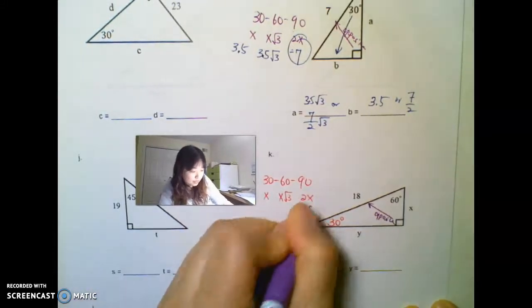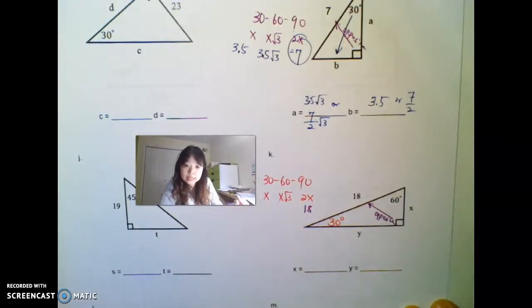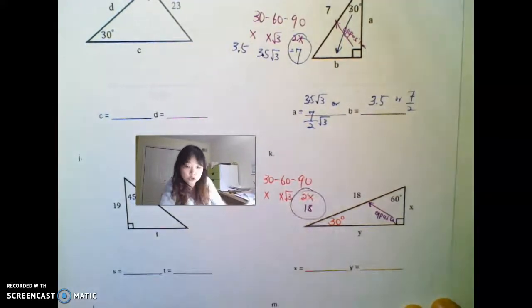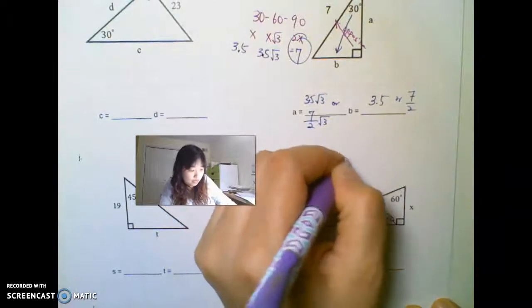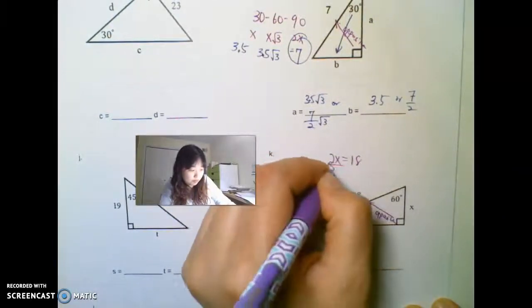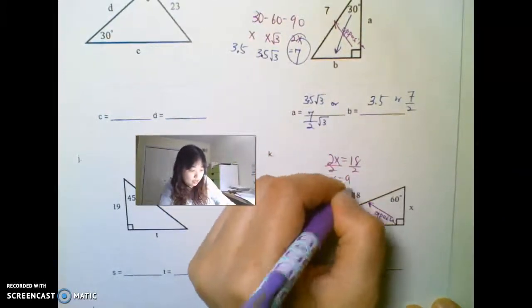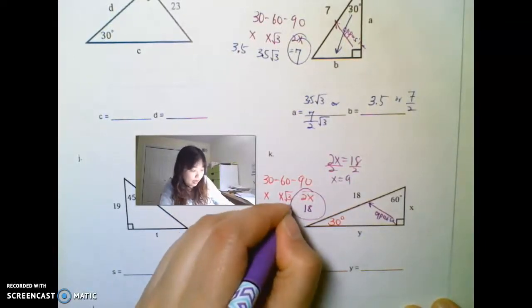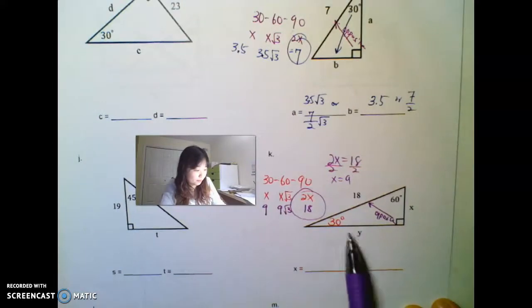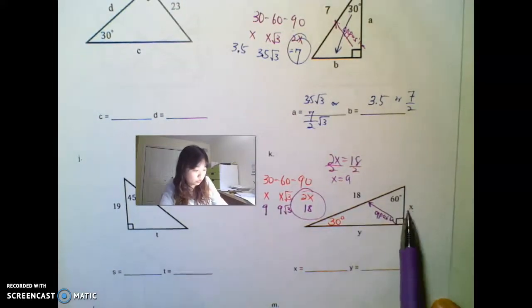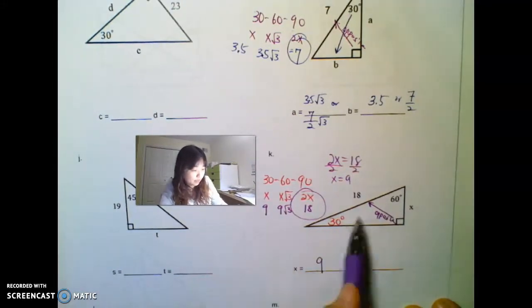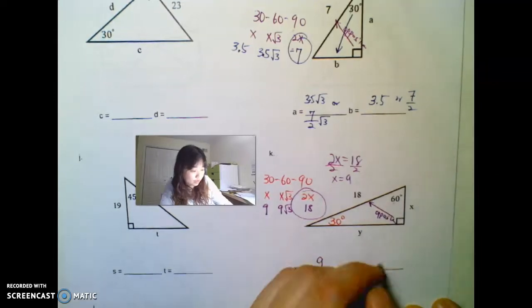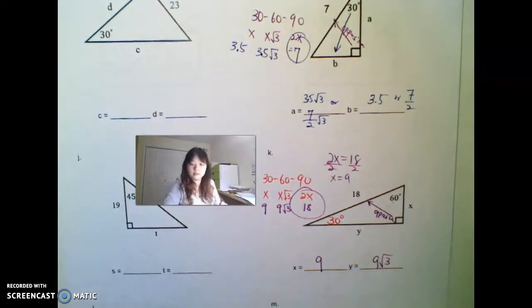So that is 18. 2x is 18. What is x then? Divided by 2. x is 9. So then that's 9. And then this would be 9 root 3. So opposite of 30, that's x. That's 9. Opposite of 60, that is 9 root 3.